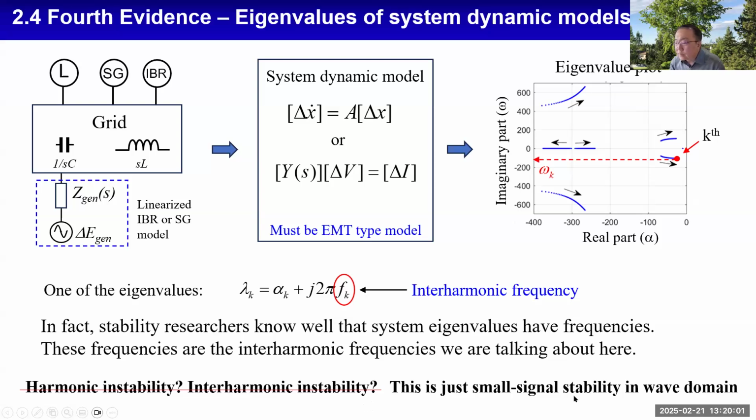This is just a small signal stability phenomenon with different oscillation frequencies. Okay, so we have four pieces of evidence provided here. I hope this is convincing enough for phasor or stability researchers to agree that interharmonics can play a role here.